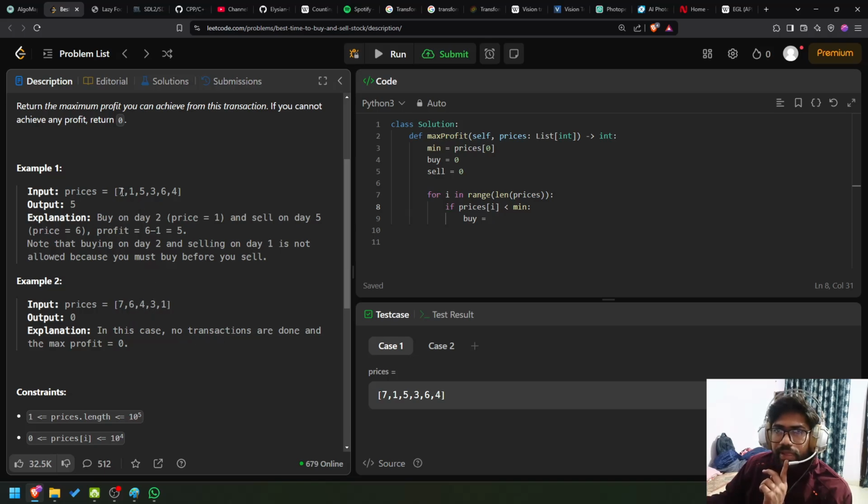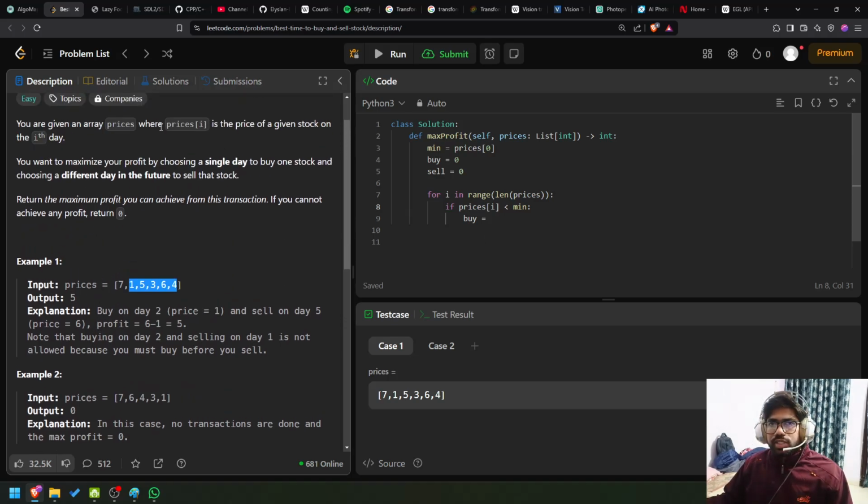We found the minimum, then from this minimum onwards we find the maximum. You are given an array of stocks, you want to maximize the profit by choosing a single day to buy one stock and choosing a different day in the future to sell that stock.